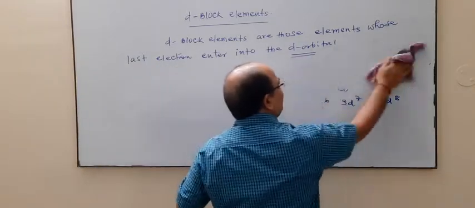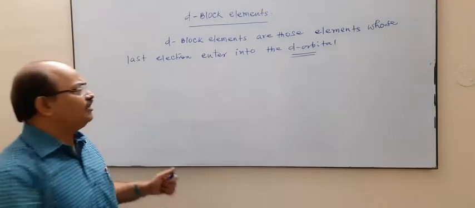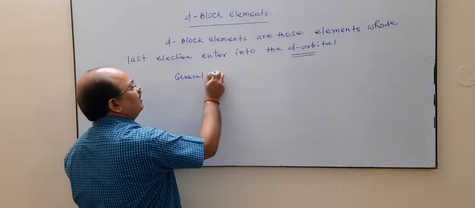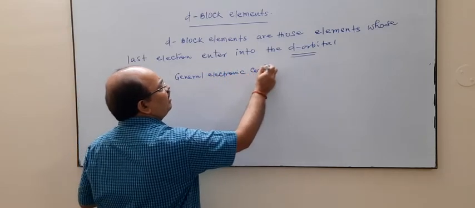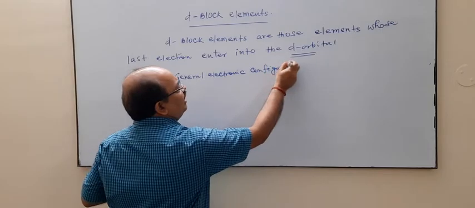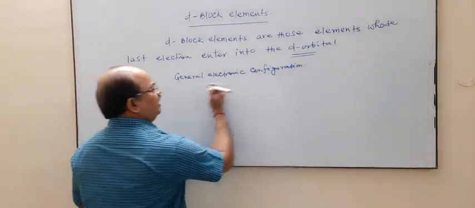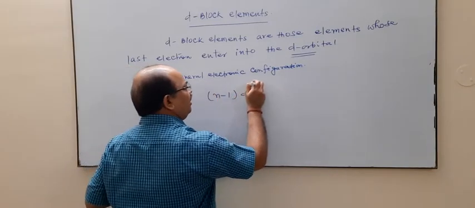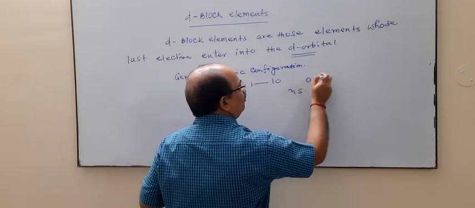the general electronic configuration. So what is the general electronic configuration? The general electronic configuration is (n-1)d 1 to 10 ns 0 to 2.